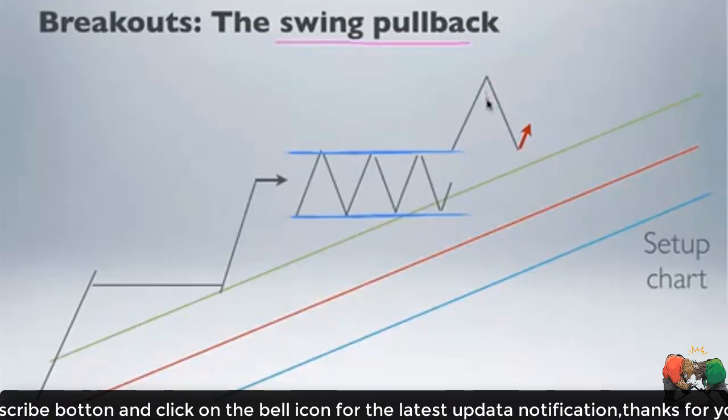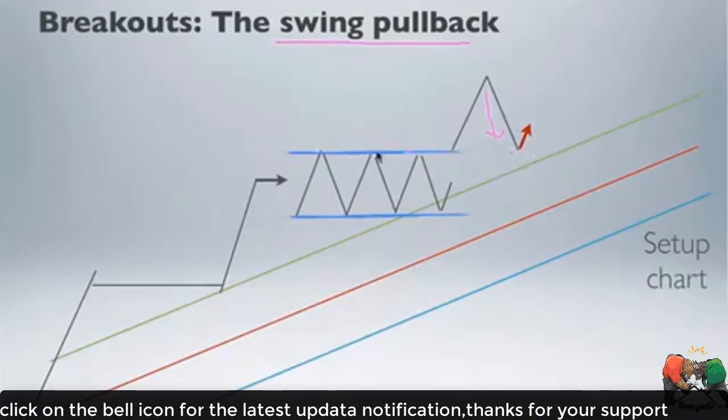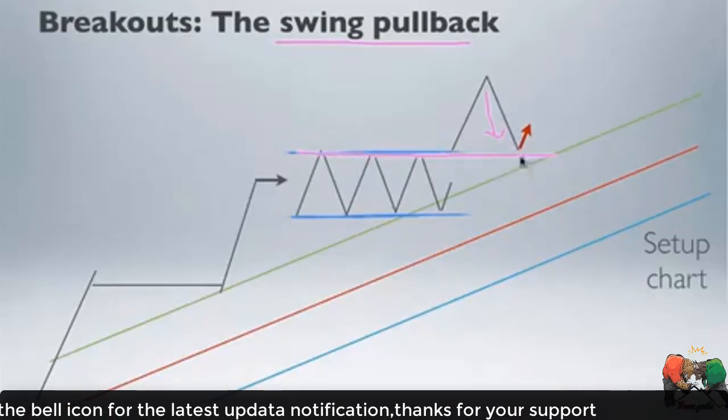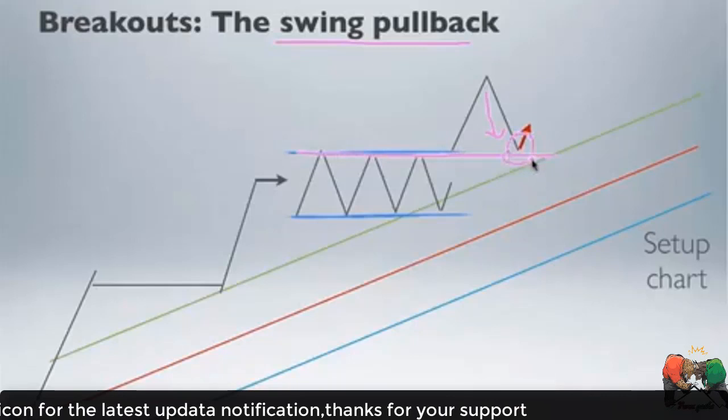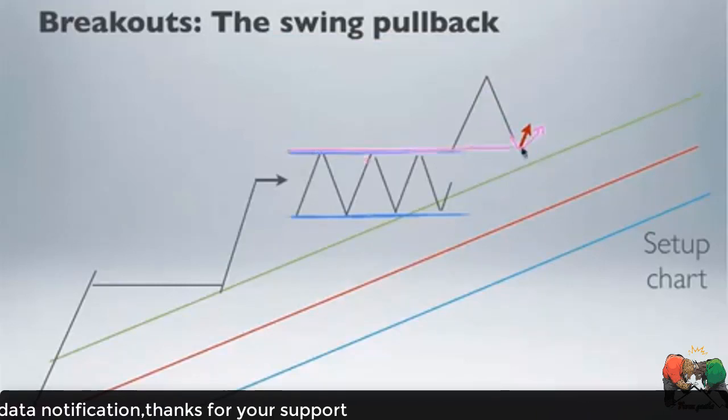I don't actually mean to trade the retracement back down, but to simply wait for price to come back down to the breakout area, and then trade any type of bounce to the upside we may get around that area.